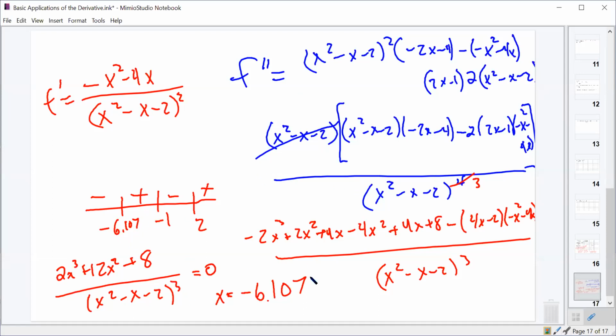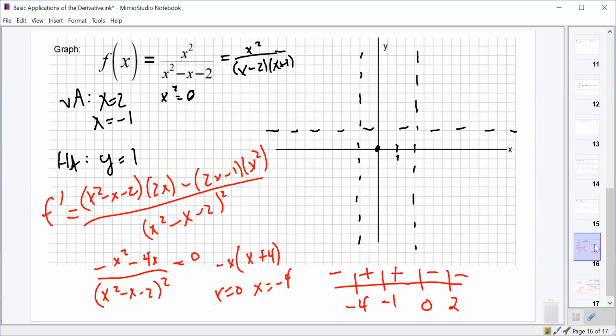Okay. All right. So if we're going to plot all these points, first off, we're going to need the point at -6.107. I can guarantee you it's just a little bit over 1. So right there. This value at 0 was a local max.